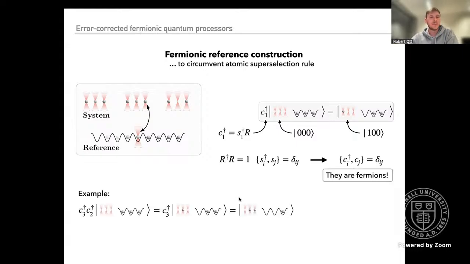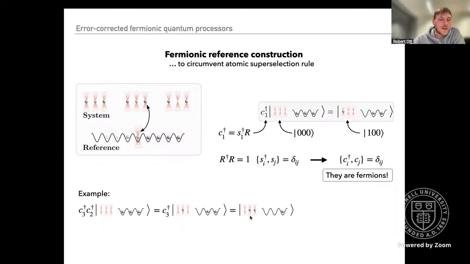Well, you can look at an example. For instance, if I want to create two fermions in these tweezers, there are essentially two ways I can do it, right? I can first create mode 2 and then mode 3, or I can create fermion 3 and then fermion 2. If you first create fermion 2, we take it out here, we move it here, and then creating fermion 3 means we take the next fermion out of the reference and put it into mode 3.